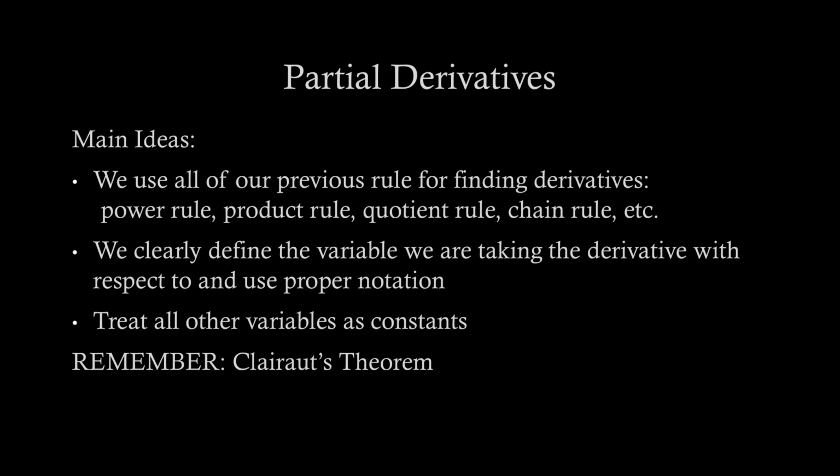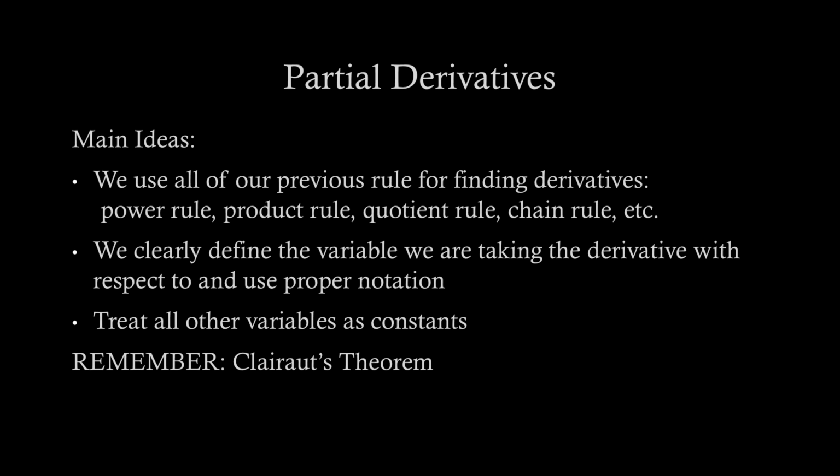Proper notation counts. And the main idea, again, taking these partial derivatives: if we know all of our rules of derivatives, we should be in really, really good shape, because anything that's not that variable that we're looking at gets treated like a constant. And we know that the derivative of any constant is 0. And we also know that we can factor constants out of any expression. So we're going to use those two rules quite frequently.